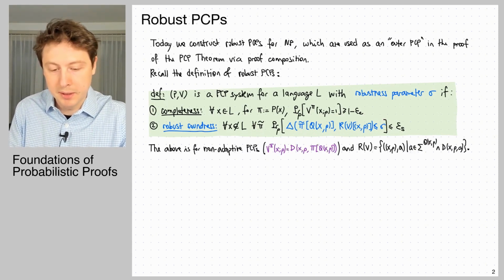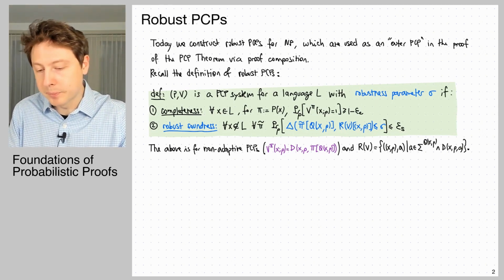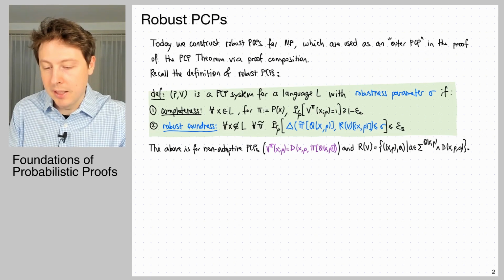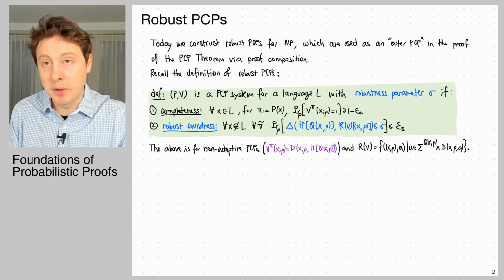Remember that for talking about robust PCPs, we are specifically talking about non-adaptive ones, that we can decompose as a query algorithm that inspects certain locations and a decision algorithm that decides based upon them.